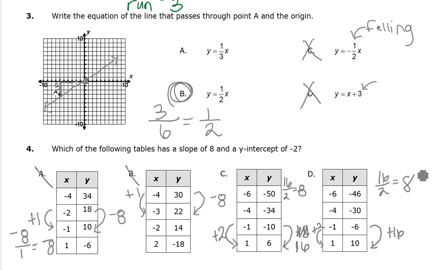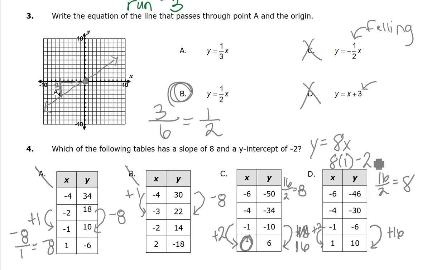So I need to know what my y-intercept is from both. Remember, if my slope is 8, I have y equals 8x. So 8 times my x value, let's use the number 1. 8 times 1 is 8, but I need to get to 6, so I need to subtract 2.